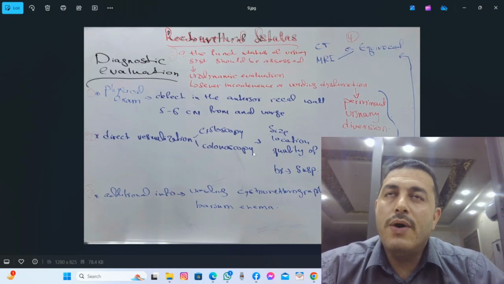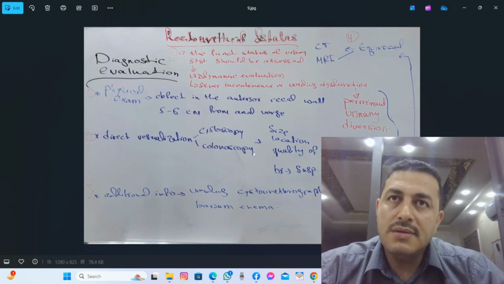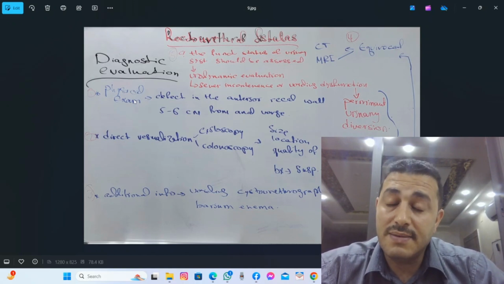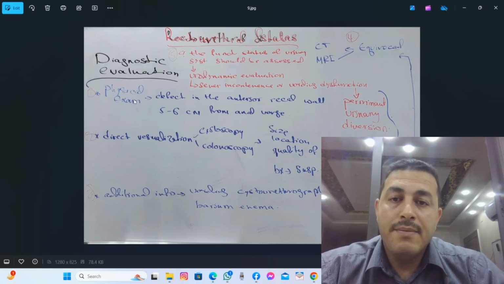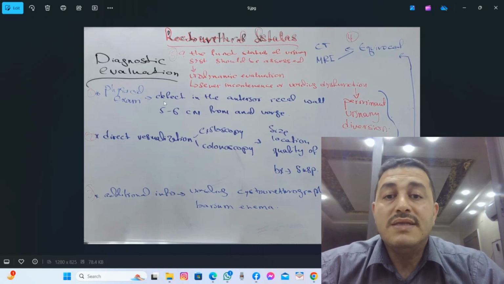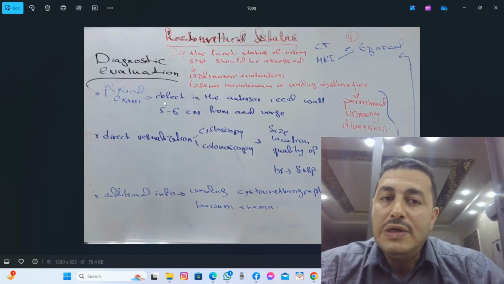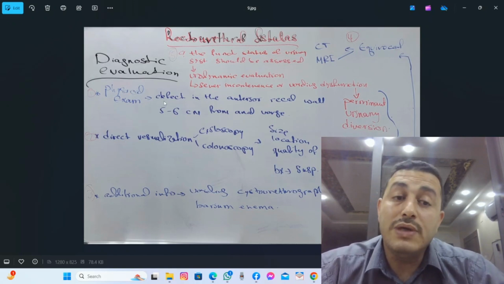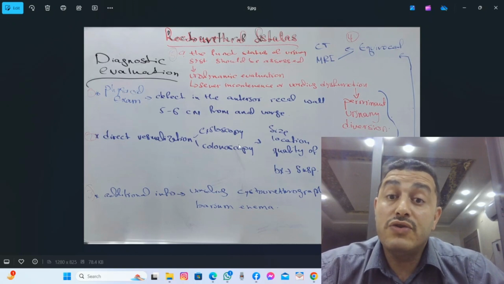So during our diagnostic evaluation, we need to assess the functional status of the urinary system. If we have, for example, severe incontinence or voiding dysfunction, this may push us toward permanent urinary diversion.